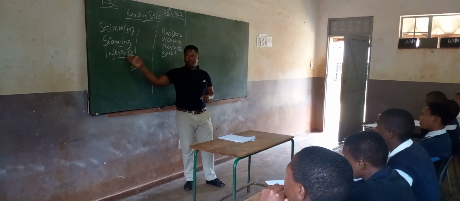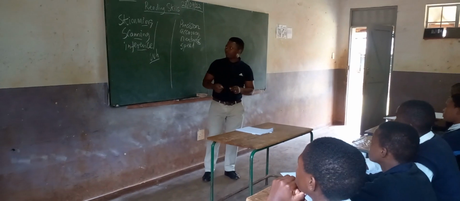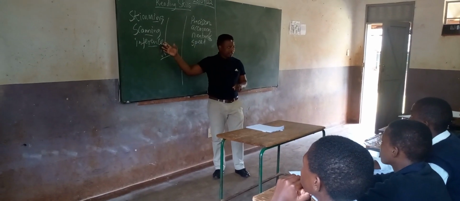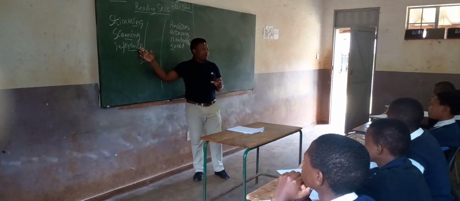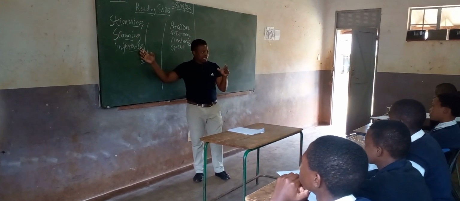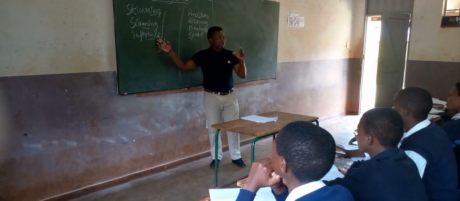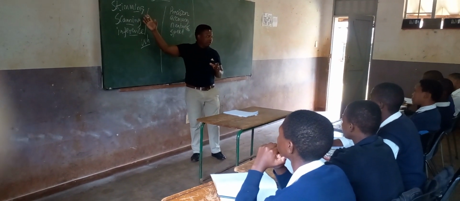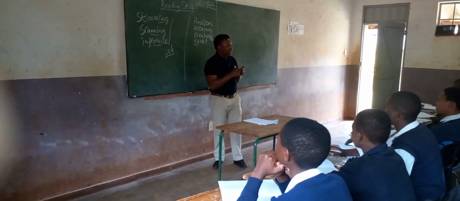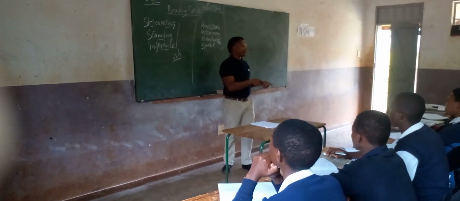Okay, so I'm going to give you some passages where I would like to see you finishing within a short space of time, so that you are as brief as possible and then apply the skills. So skimming, scanning. So we are reading for the answer.